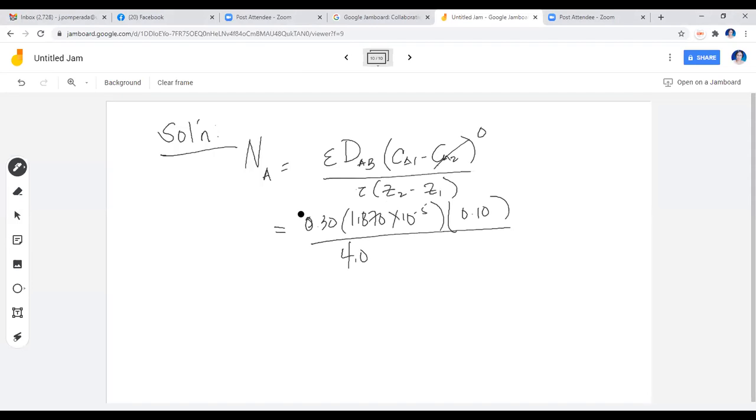By the way, that's 0.3. And the diffusion path, this sintered solid of silica is 2 mm thick. So this is 2.0 times 10 raised to negative 3. So we have a value of 7.01 times 10 raised to negative 9.